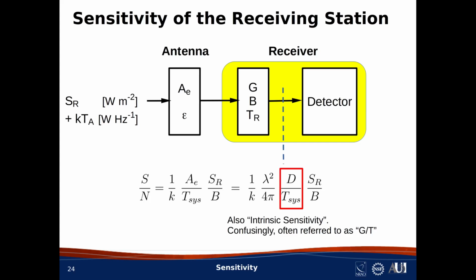And that's more or less true if the efficiency of the antenna can be neglected. If the efficiency of the antenna cannot be neglected, then obviously D over T-sys is not quite G over T-sys. So calling this quantity G over T might lead to confusion. Again, definitions are important, so just be careful when someone hands you a number that's stated to be the G over T.